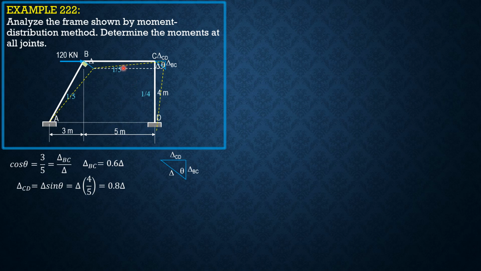Since this angle rotates, the chord BC rotates counterclockwise, this is treated negative, and delta CD, 0.8 delta, is treated positive in the side sway moments, which is negative 6 EI delta over L square. So side sway moment for AB is negative 6, EI is 1, delta over L square, so 5 square, negative 6 delta over 25.